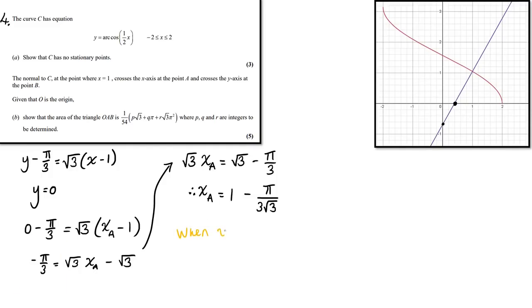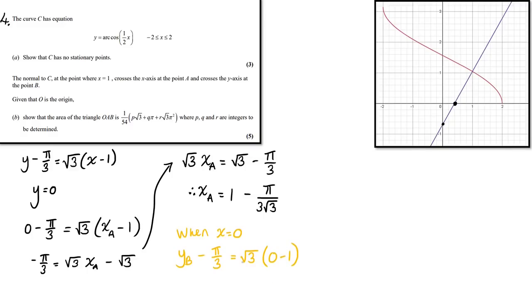So when x equals 0, what would we get here? Well, y is what we're looking for here. That's yb. So I get yb minus pi over 3 is equal to, we know the gradient, that doesn't change, that's root 3. So root 3, and we know x is 0, so that's 0 minus 1 there.